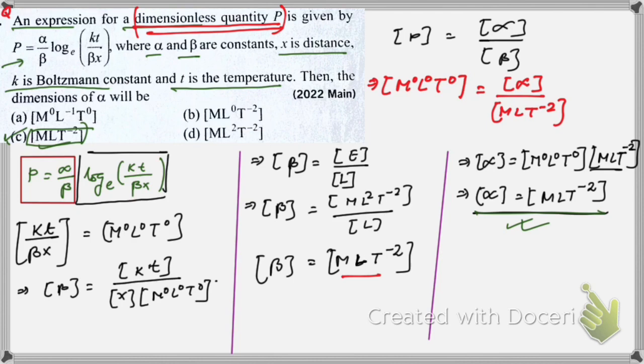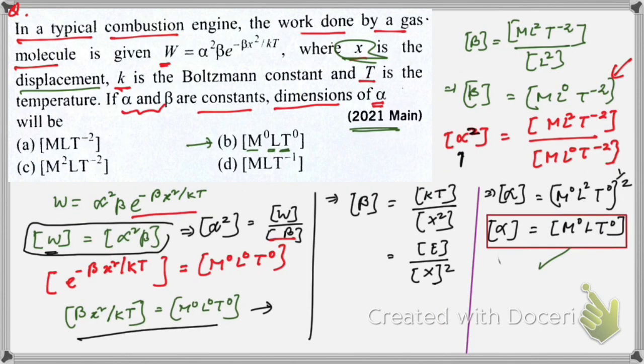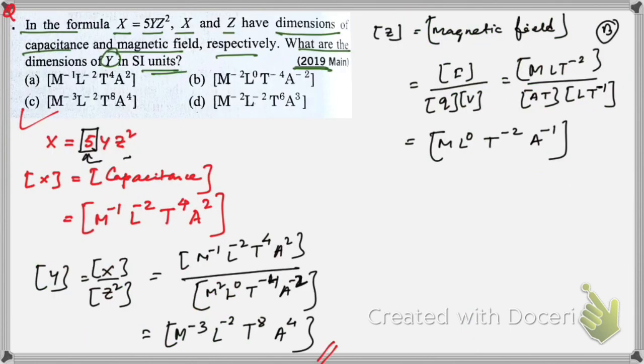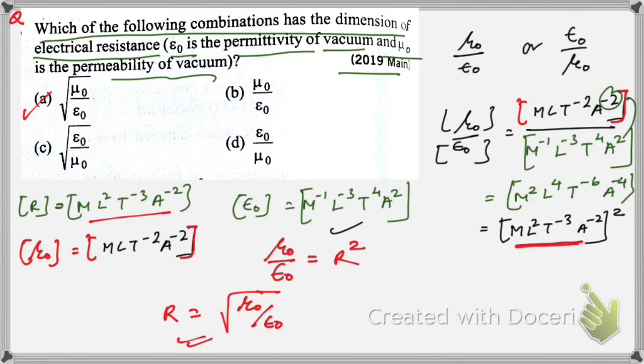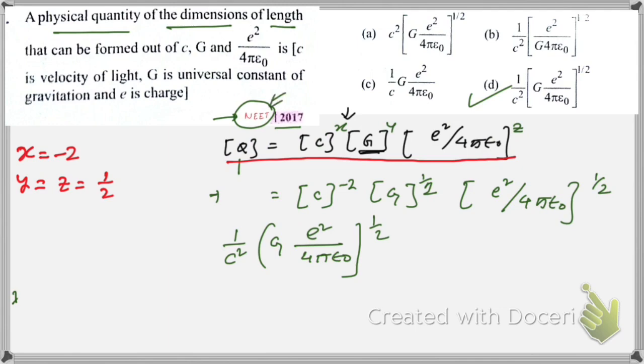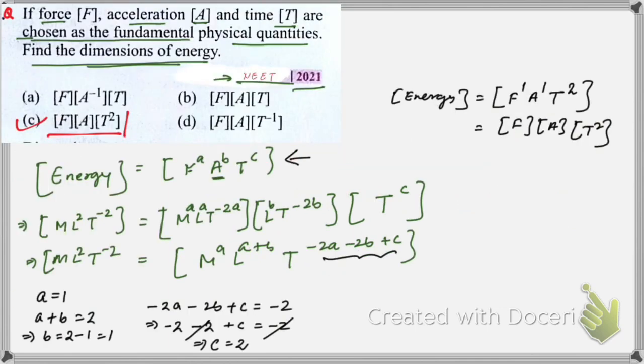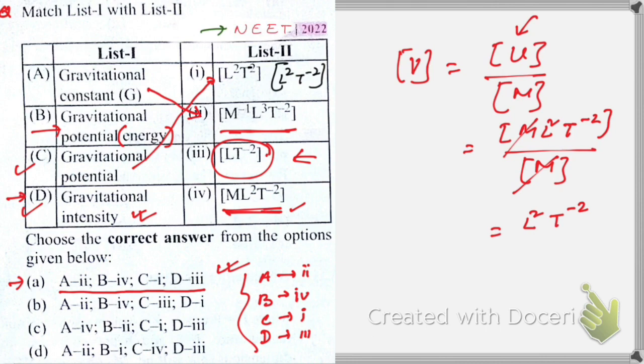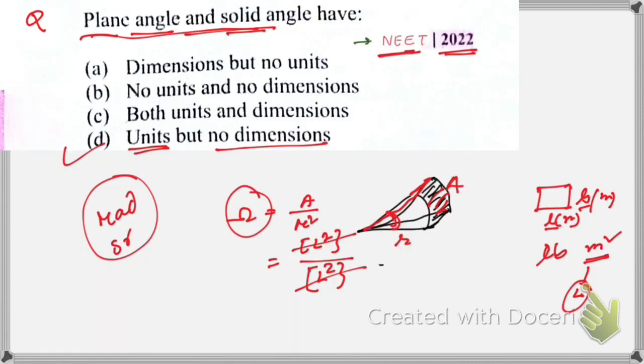So hope you have understood how we have solved those questions which were asked in JEE and NEET. This was also asked in JEE 2019, and similarly this was asked in NEET 21 and NEET 22. So we have solved those problems, which were asked in NEET and JEE.